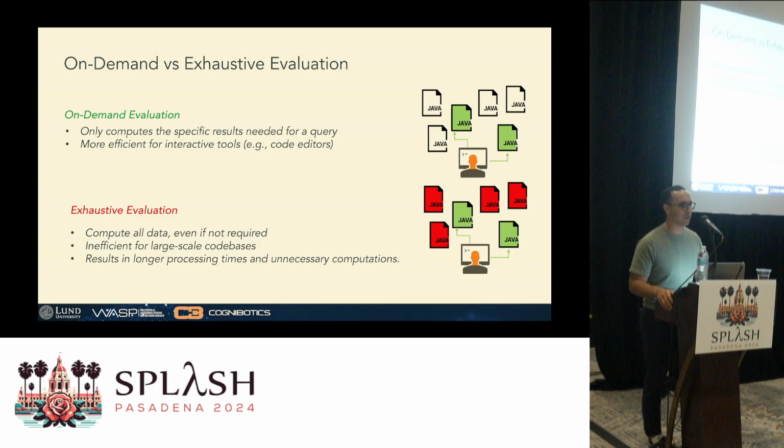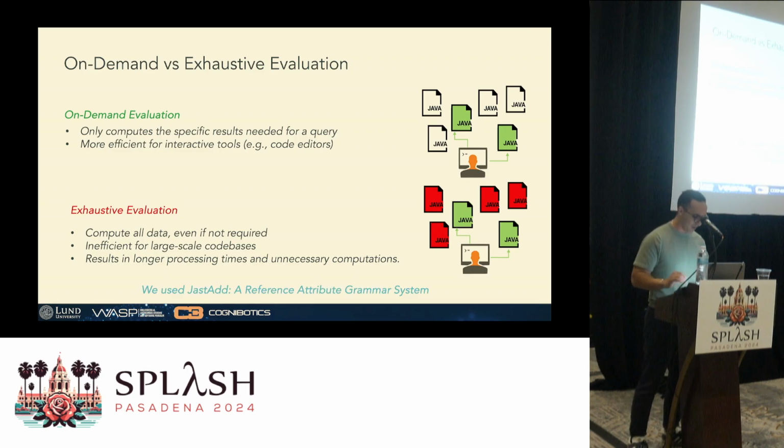Think of yourself in front of your editor, wanting to analyze your compilation unit. You don't have to analyze the entire code base, but just the compilation unit or the method. And we used JustAdd, which supports a formalism called reference attribute grammars, which is both declarative and inherently supports demand-driven evaluation.